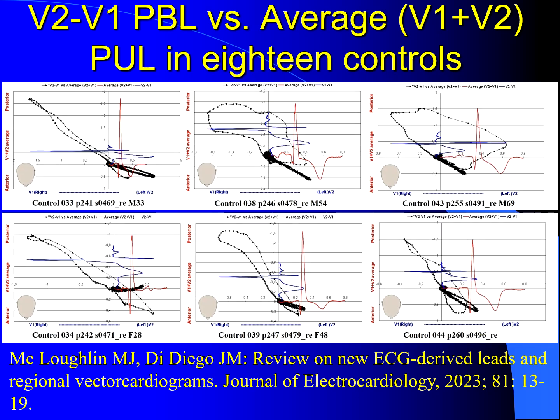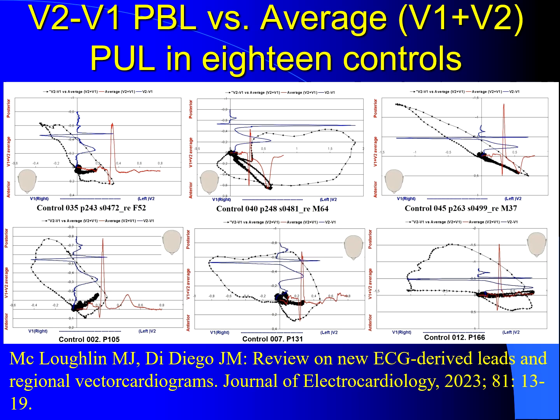As you can see, the shape of the loop is oval, and the first portion is going forward and to the left, and the final portion is directed to the right and backwards. As we will see later, this will be important in diagnosis of electrical pathologies of the heart.